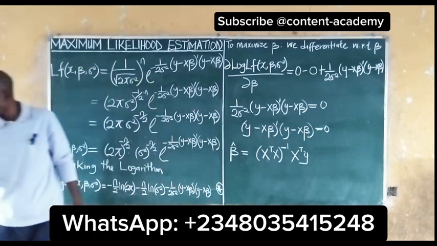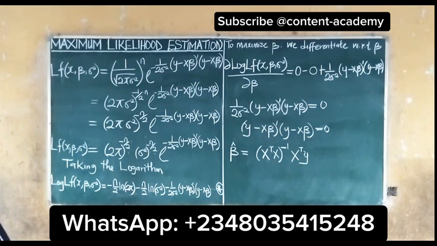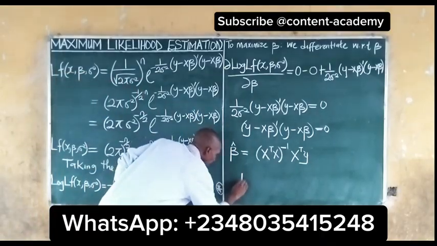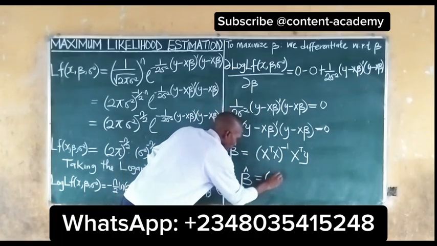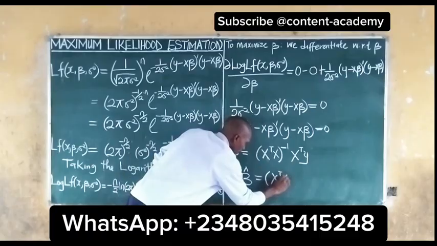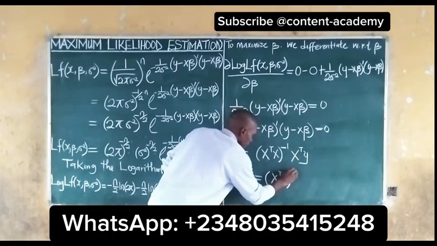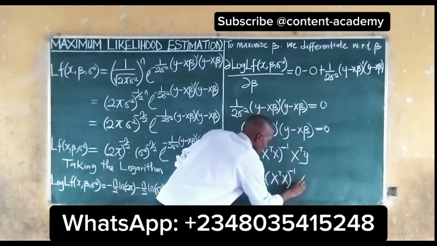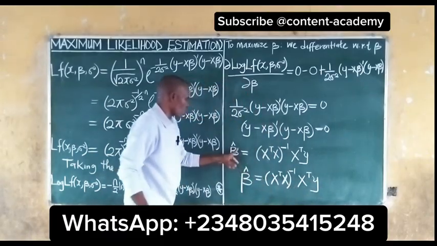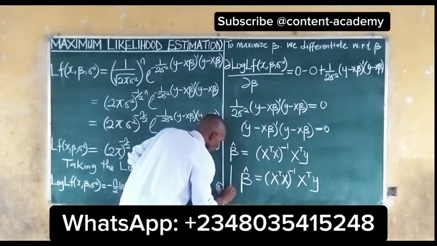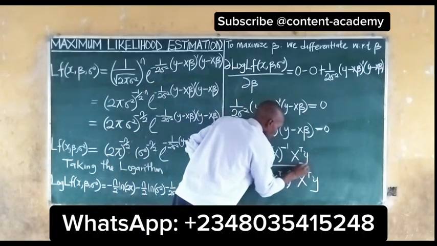So it then means that our beta estimate is equal to x transpose x inverse of x transpose y. So this becomes our beta estimate.